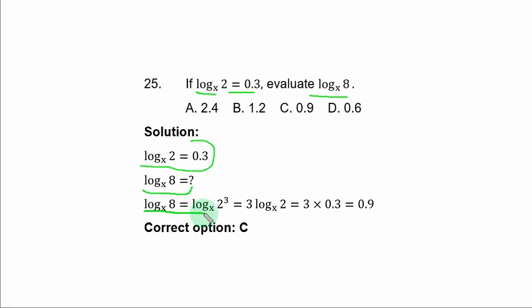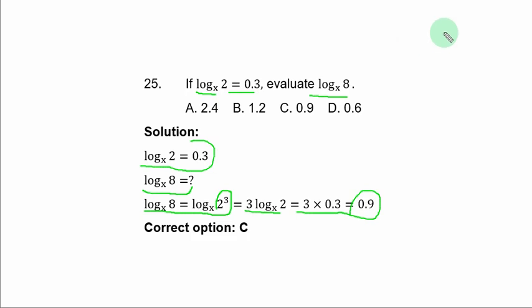So you express 8 as 2 cube. By the power law of logarithm, the power 3 is allowed to multiply the log in this form. Now log 2 base s is 0.3. Therefore 3 log 2 base s is equal to 3 times 0.3, and that is 0.9.